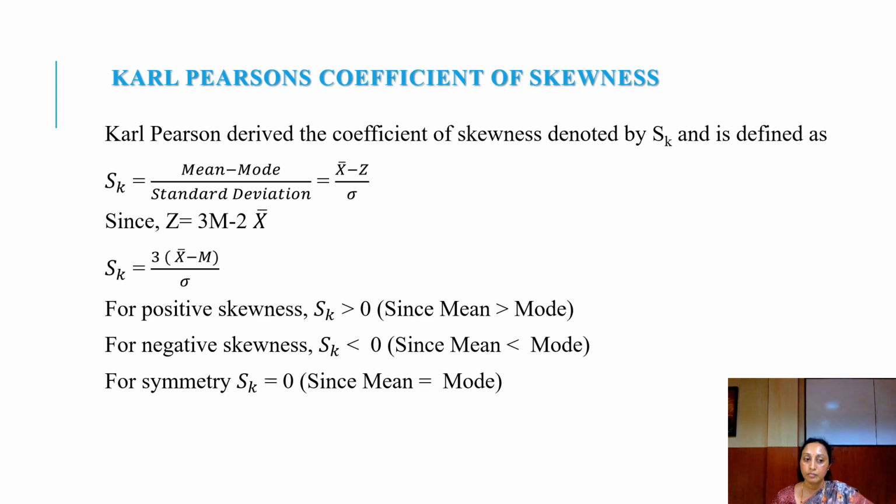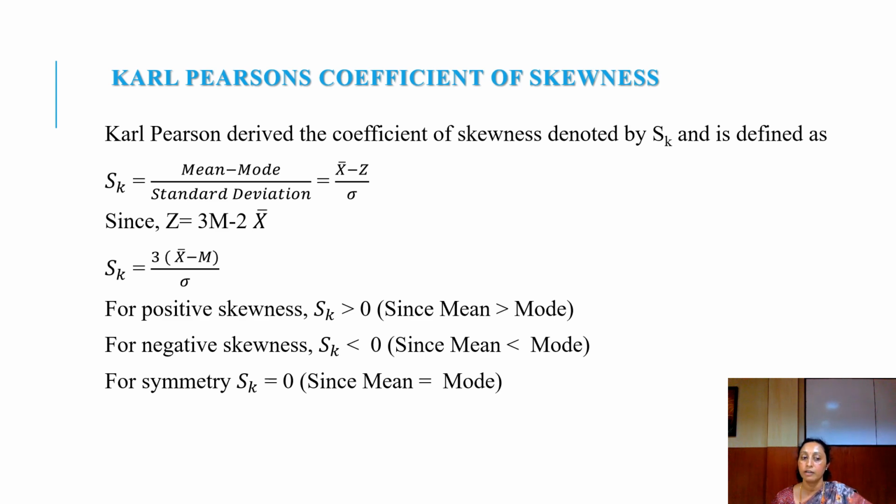Here, if you have individual observations, raw data, discrete data or continuous data, for every data, the Karl Pearson skewness is given by Sk is equal to mean minus modal value divided by standard deviation.